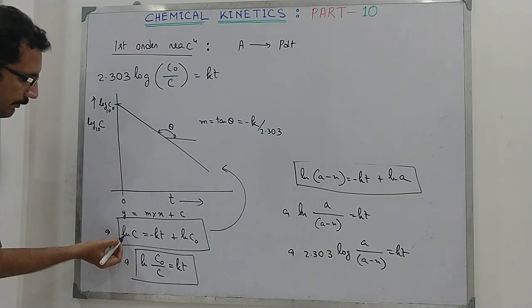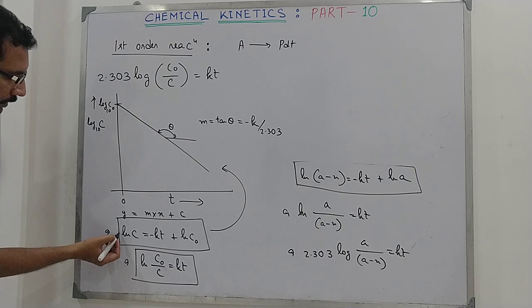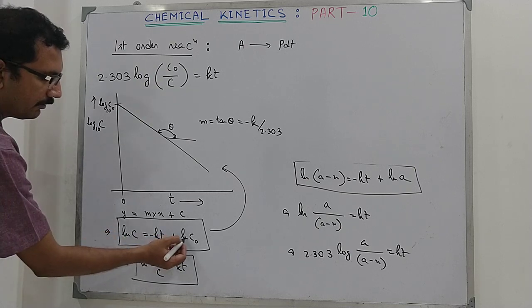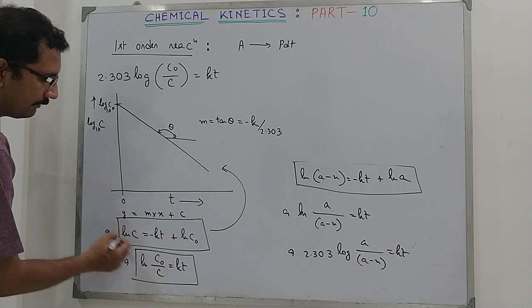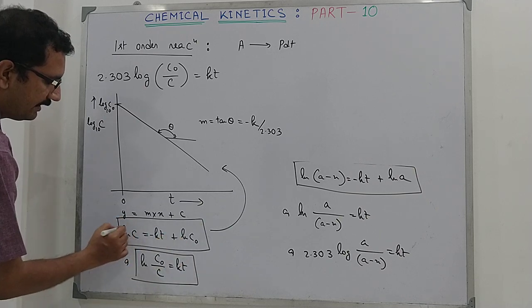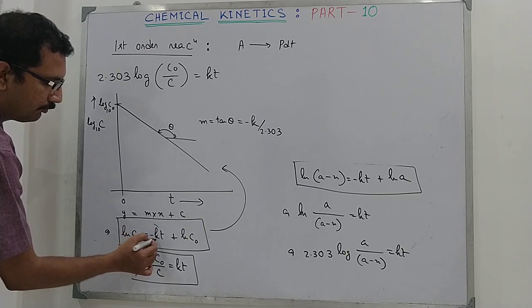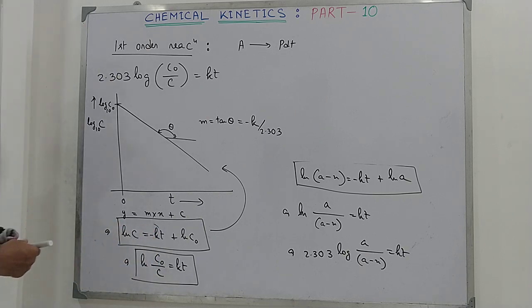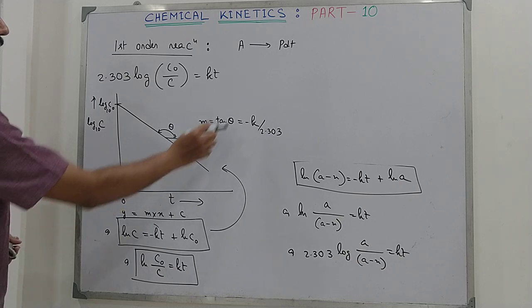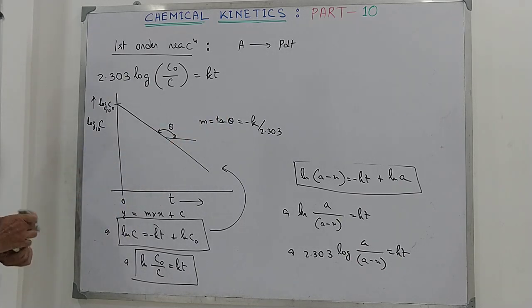Since if you convert this to log, then you will get 2.303 here. You will also get 2.303 here. So that will cancel out. And when you divide 2.303 both sides, here it will be minus k by 2.303. So the slope will change, but k will remain constant.